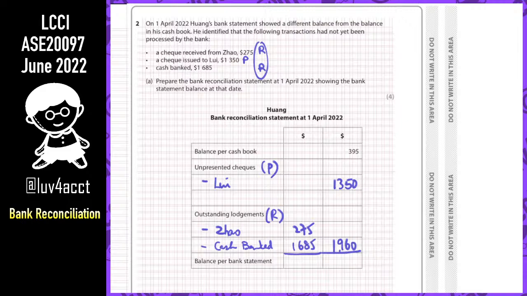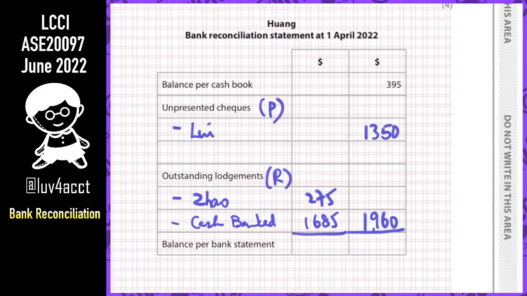Bank rec can start with the cash book balance or it can start with the bank statement balance. If I do not want to memorize, I have to learn the stuff. So, unpresented check. In our record, we have already paid this Lui. But in the record of the bank, the payment is not yet made because the check is not presented at the bank.